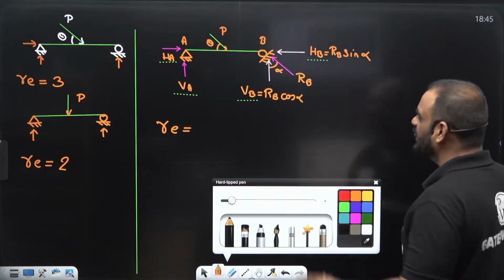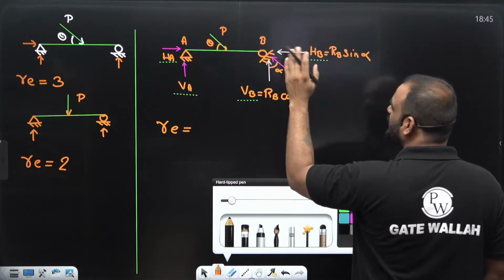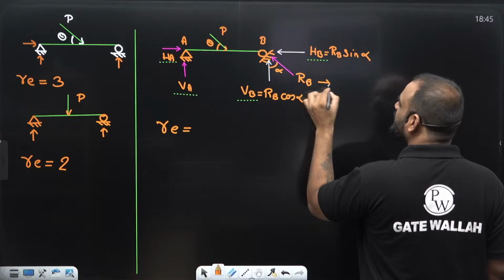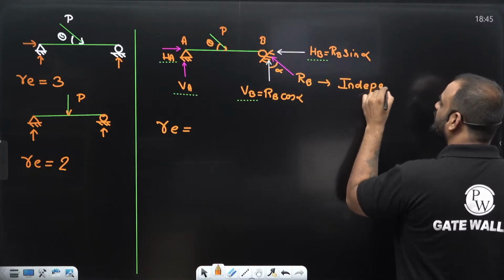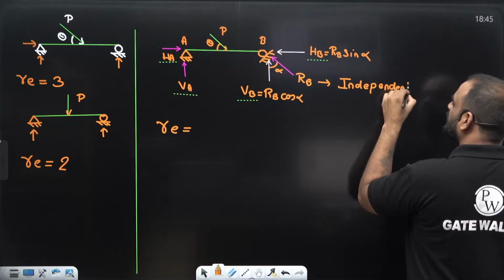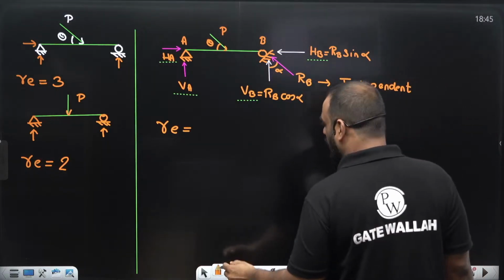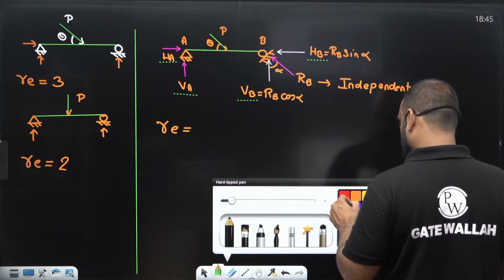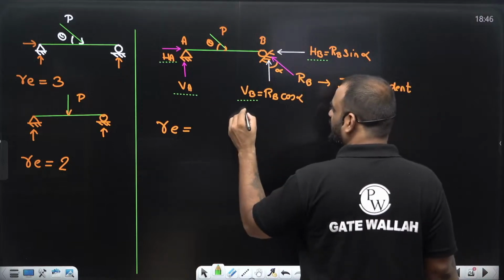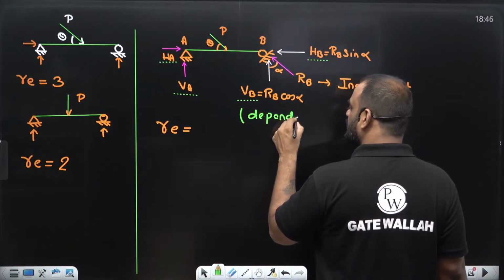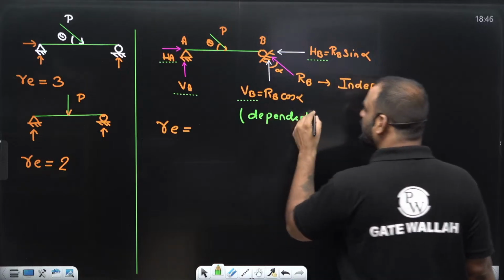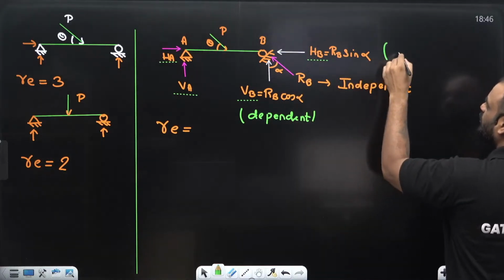That means, at this particular support, only one reaction is independent. This one is independent. What about, sir, VB and HB? These two reactions are dependent reactions. So guys, you don't have to consider it again.